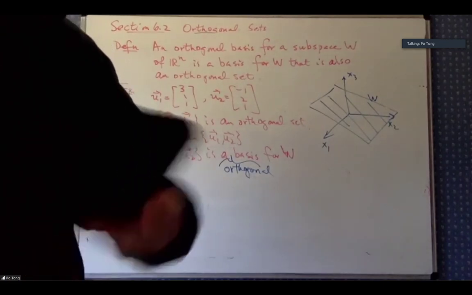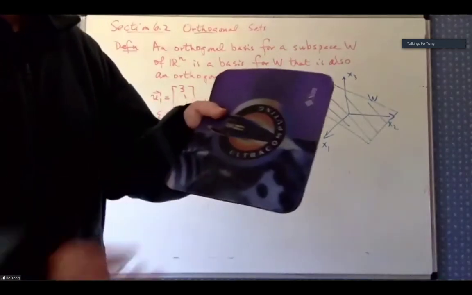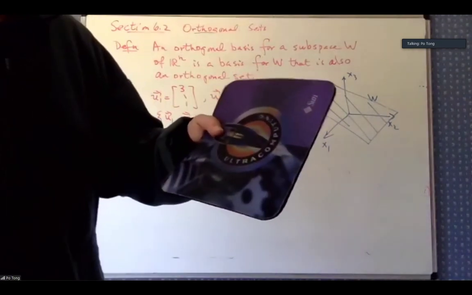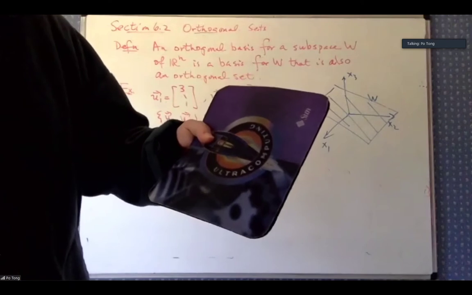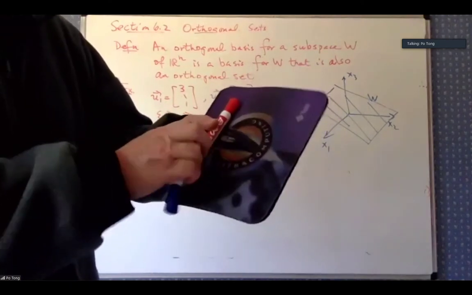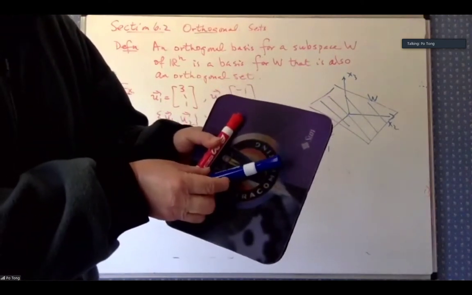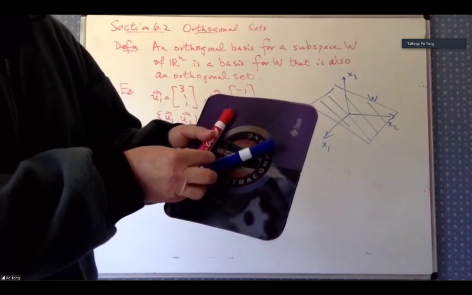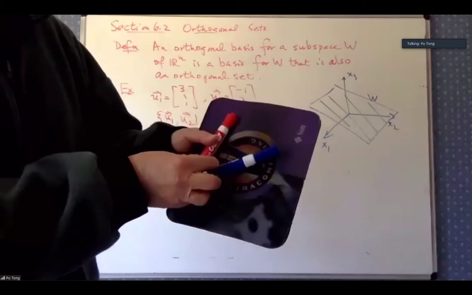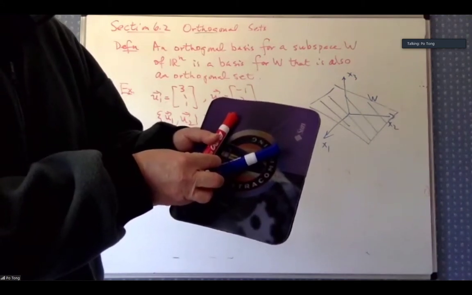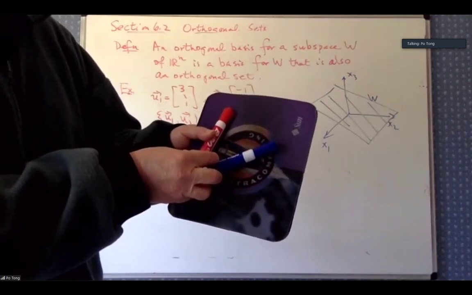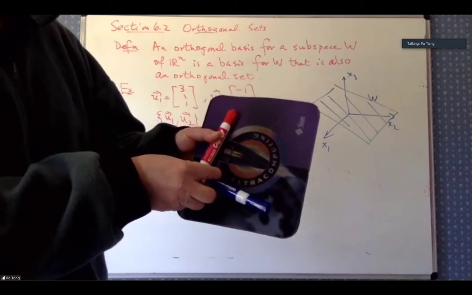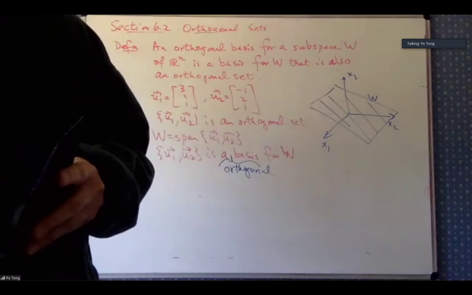Then this plane is spanned by some vectors. So these two vectors will form a basis. But the two vectors that I showed you, the markers, are not perpendicular to each other, so it's not an orthogonal basis. But if they are at right angles, it will be an orthogonal basis. That is the concept.